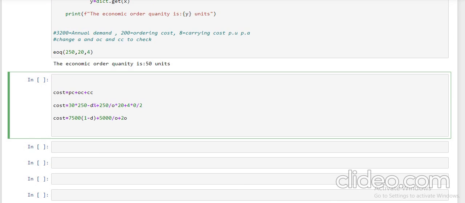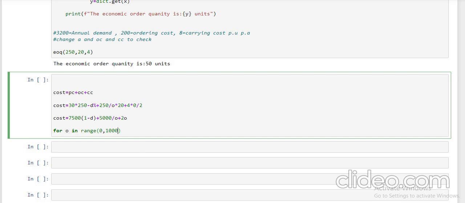Now the final job is to find where it's minimum, by considering various values. So why not do that like this? I'll explain what this means. For O in range 0 to 1000, we will go up to 1000. If you do this by hand, you cannot do this.